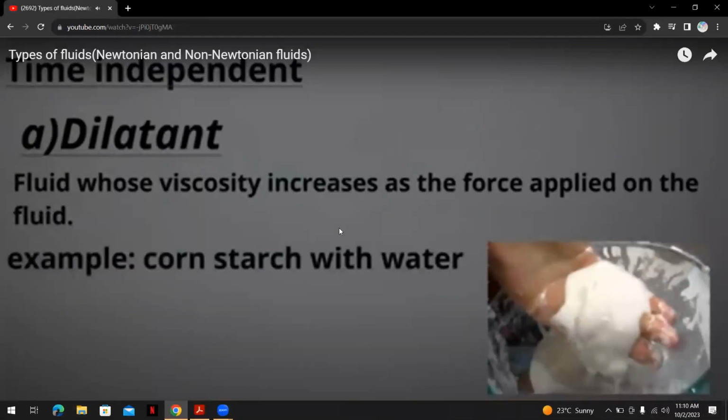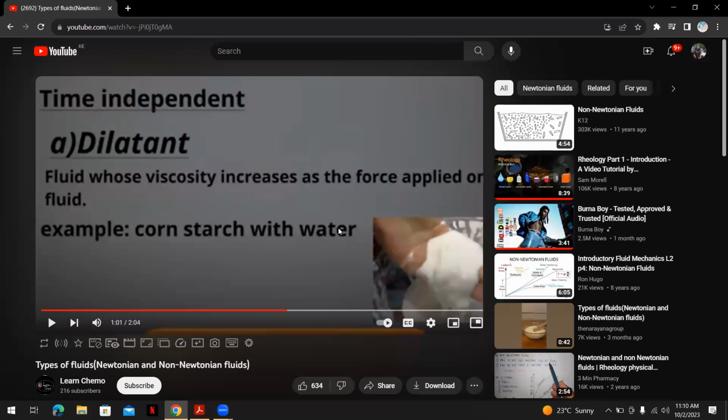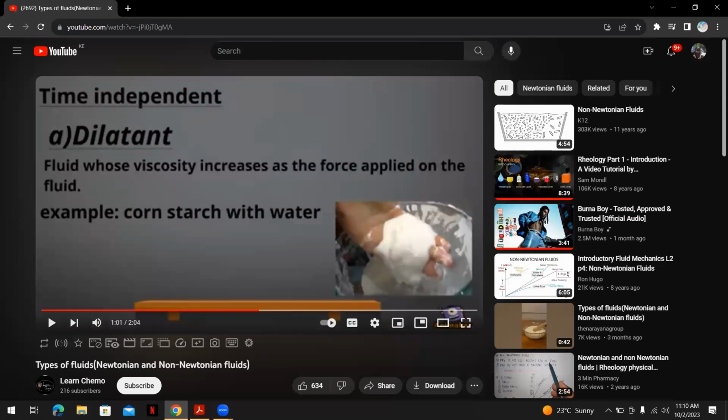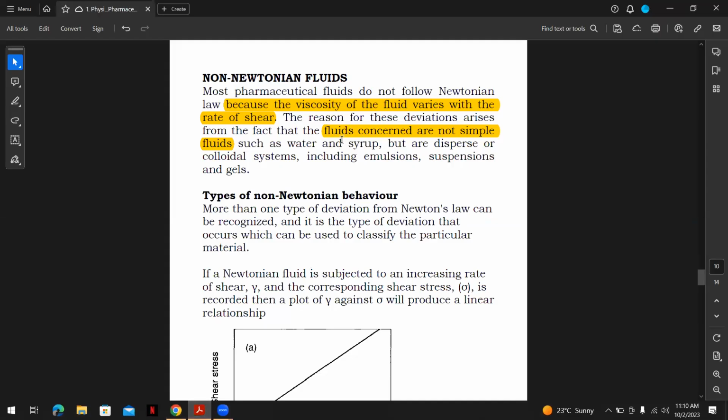Let me first introduce. So non-Newtonian fluids: we've said Newtonian fluids obey that law, non-Newtonian fluids don't.